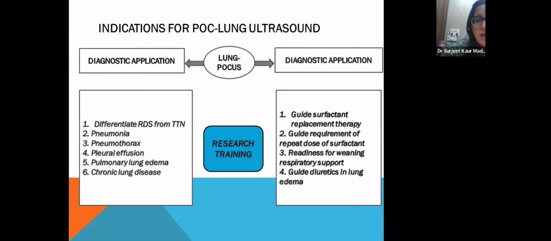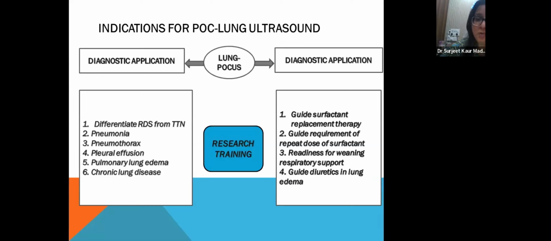The indications of lung ultrasound are both diagnostic and therapeutic. It helps us diagnose RDS and differentiate it from TTNB. We can diagnose pneumonias, pneumothorax, pleural effusions, lung edema, CLDs, and we can do lung scoring, which will guide us whether we need to give surfactant to the babies, or whether a repeat dose of surfactant is needed, or whether the baby is ready for weaning from respiratory support.